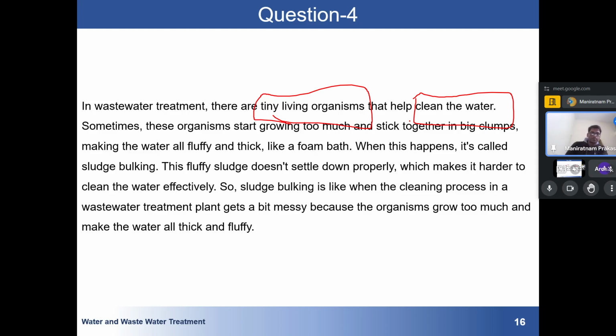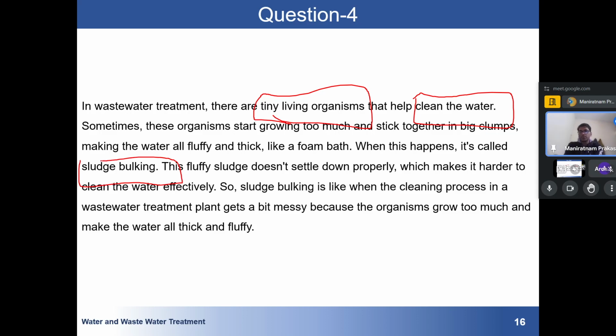Whenever you try to answer this question, always imagine that graph, and with the graph you should remember three things: population of microbes, amount of organic matter, and third, availability of oxygen in the system. All these three factors help in degradation of organic matter and cleaning of water. They stick together, making the water all fluffy and thick, like a foam bath. When this happens, it's called sludge bulking.